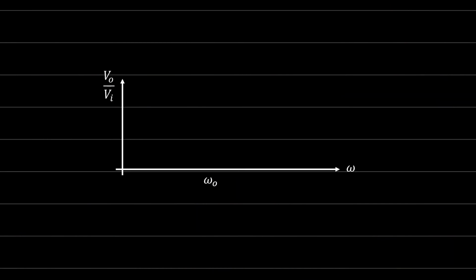Try to draw the relation here. So this is V out over V in. You'll find that here we don't have one peak, because we cannot extract the quality factor as one piece within this equation. You'll find that if we change the quality factor, also the value of the output over V in will be changed as well.